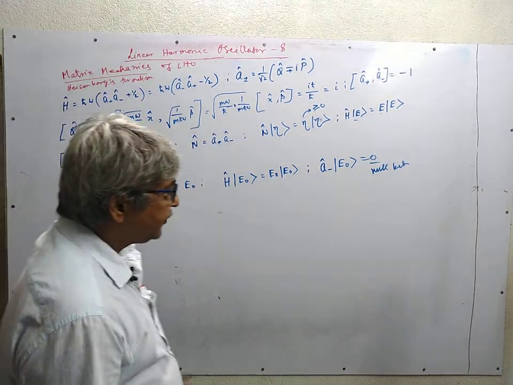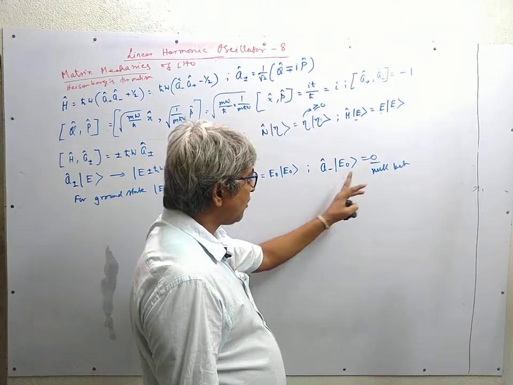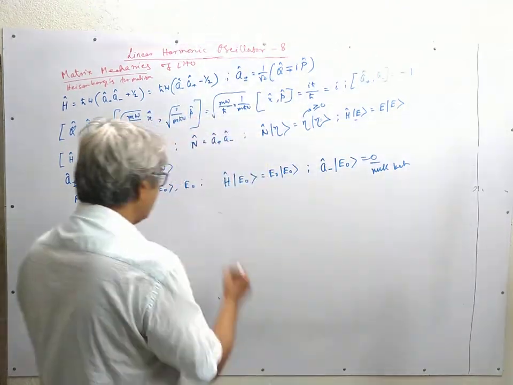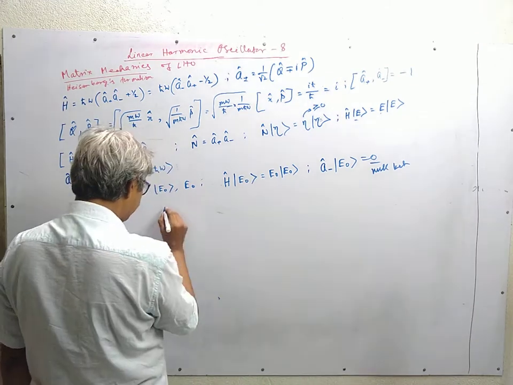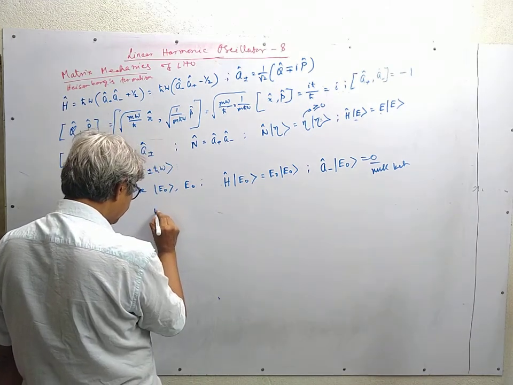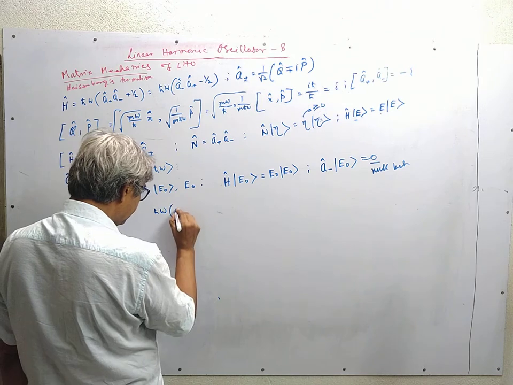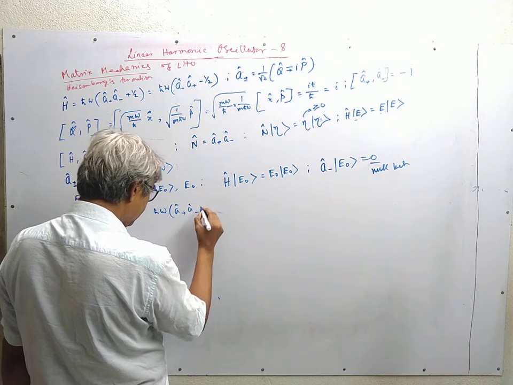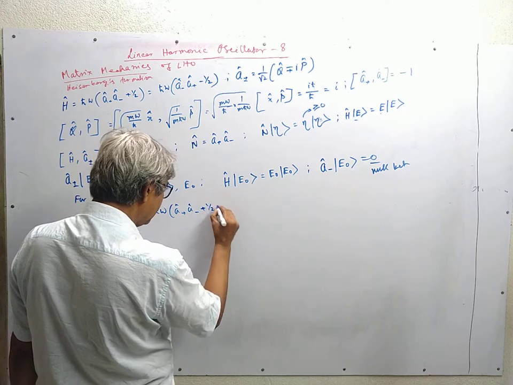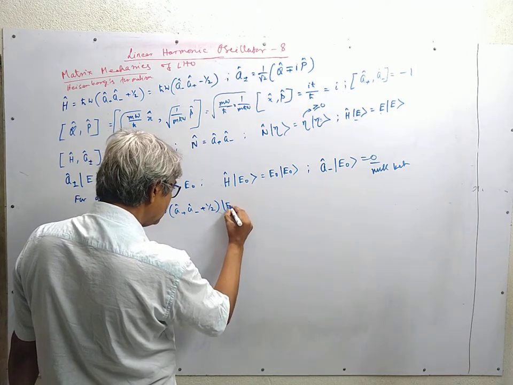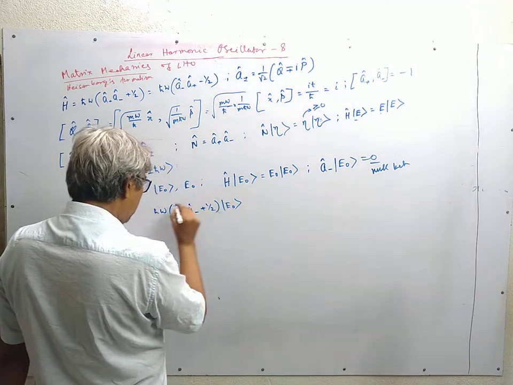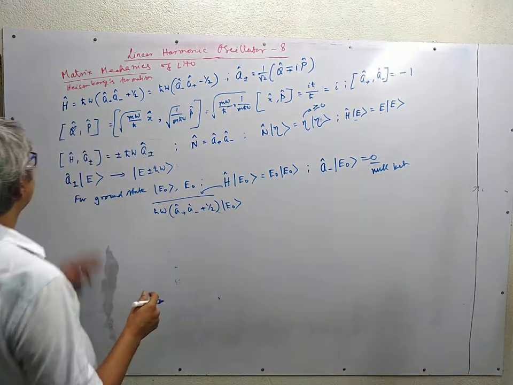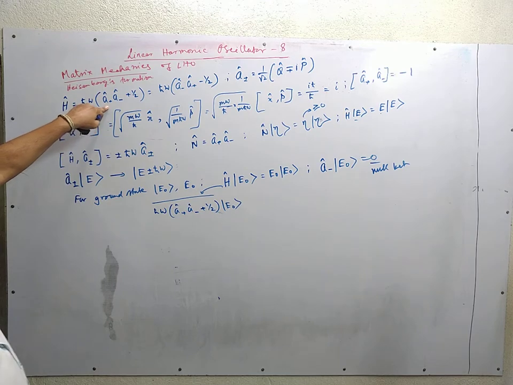On the other hand, if we use A plus on E0, we will get the first excited state. Now we write H. We know the definition of H is this.